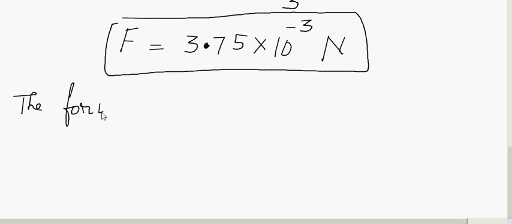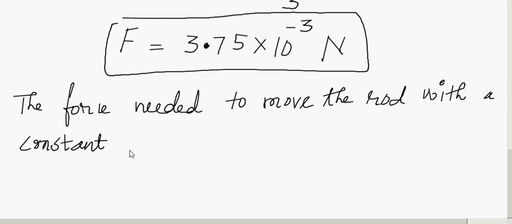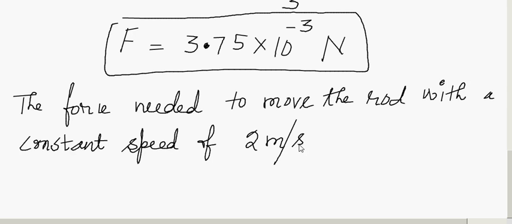The force needed to move the rod with a constant speed of 2 meter per second is 3.75 into 10 to the power minus 3 Newton.